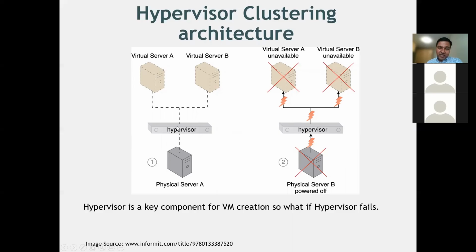What if the hypervisor fails? It's like my brain doing every activity. What if my brain fails? If the hypervisor fails, then all the VMs will be cut off from the server, and no service will be given.